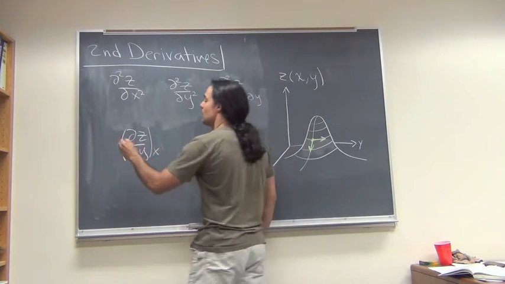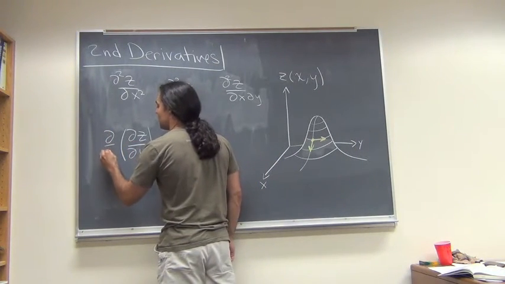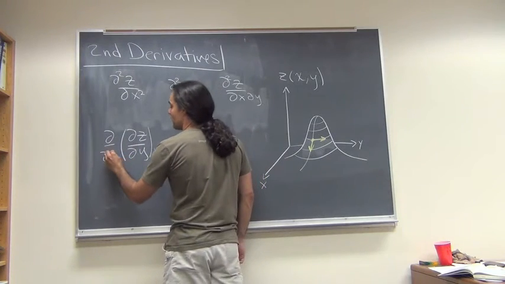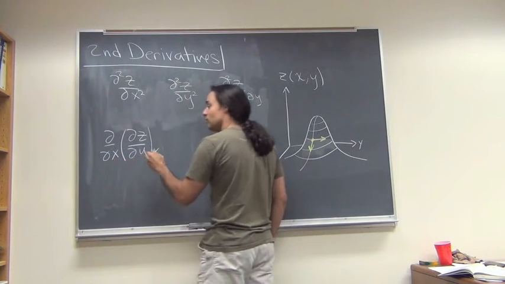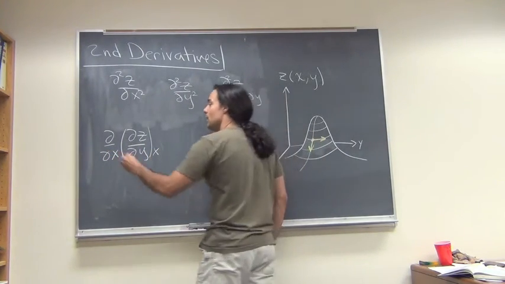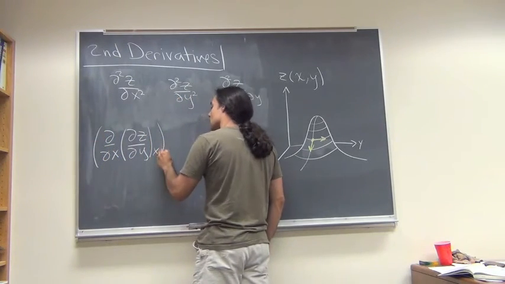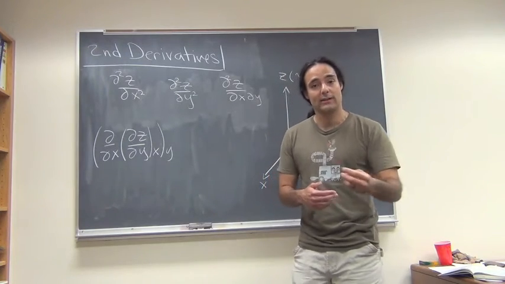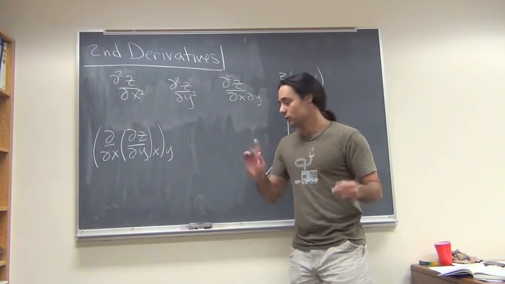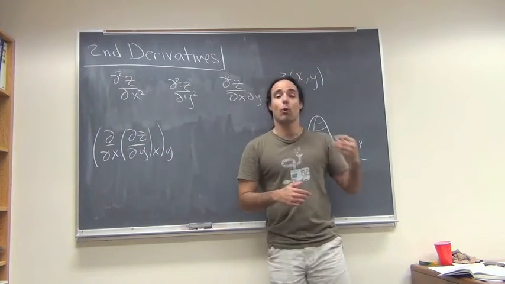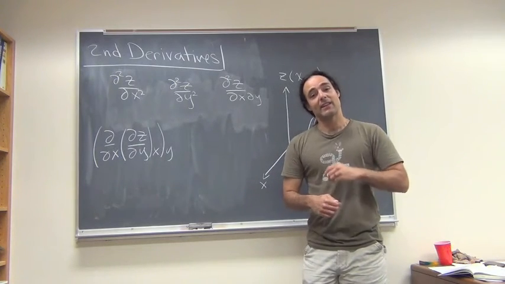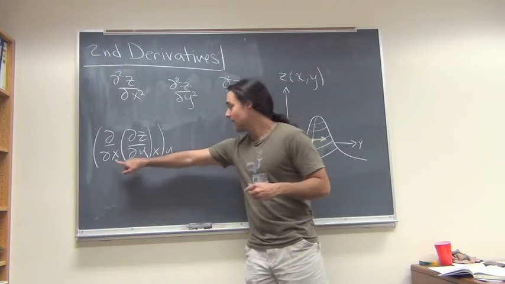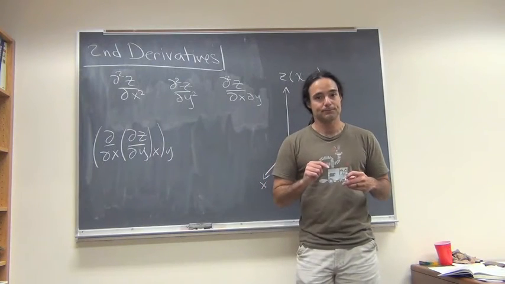Then I take another partial derivative of this partial derivative, except now I take it with respect to x instead of with respect to y. This time I hold y constant. So I take the partial derivative with respect to y holding x constant. Then I take the partial derivative with respect to x holding y constant.